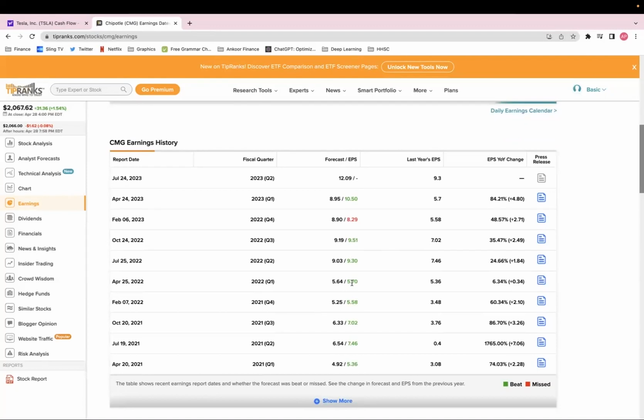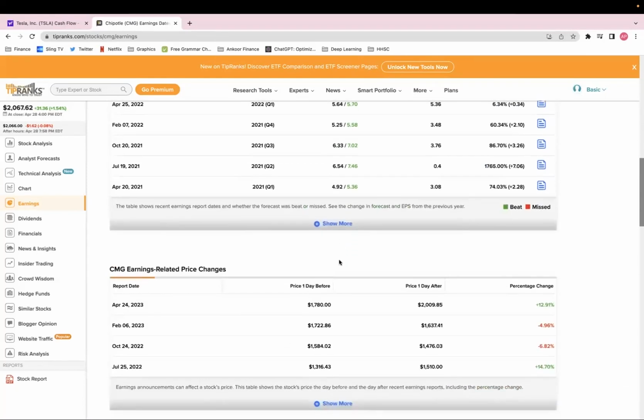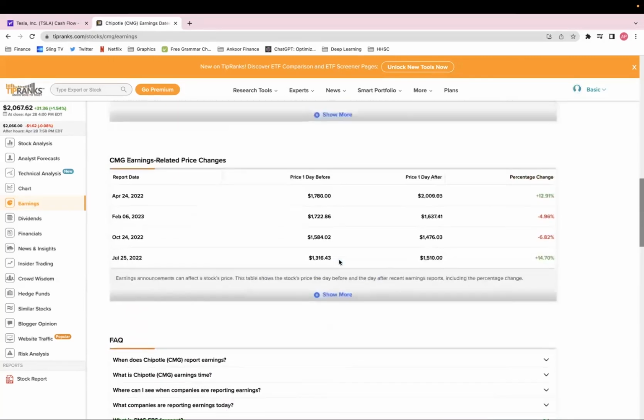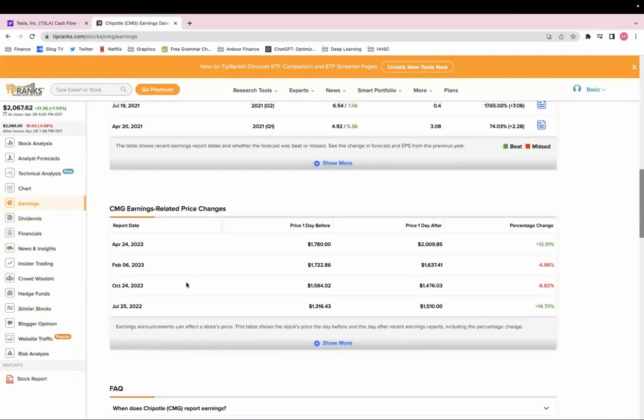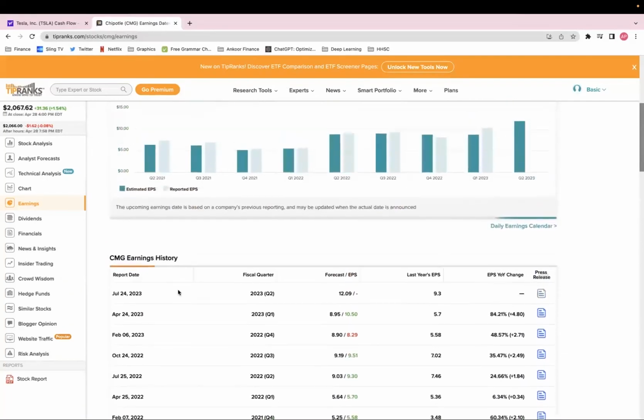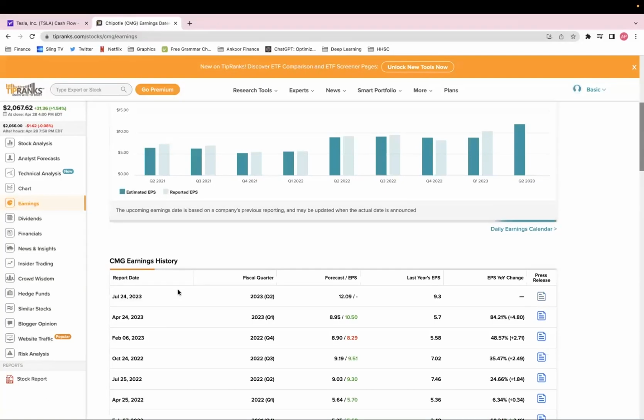The greens are beats, and red is a miss. So you do all this type of analysis. If you are really confused between two or three stocks, this is what you do.